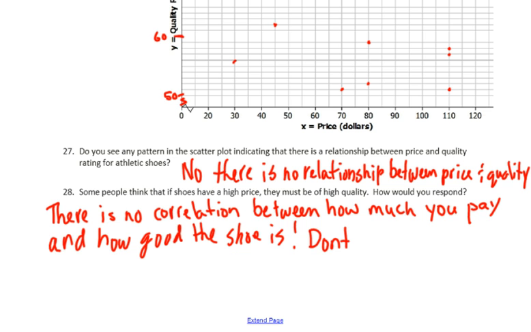Don't waste your money. So this tells us what I've known forever, that most of the time you're paying for a shoe because of its name brand.